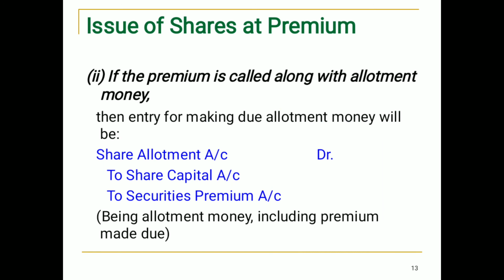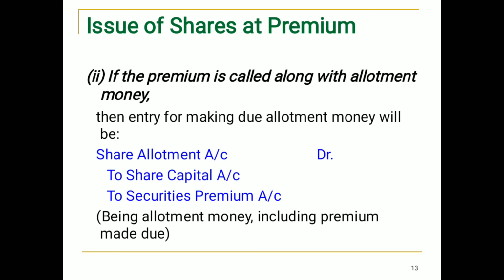Now, if the amount of premium is called along with allotment money, again a minor change. Till here, the journal entry is for when allotment money becomes due, the third journal entry in the topic of issue of shares at par. But if the amount of premium has been called up along with allotment money, then with a minor change, an additional account, securities premium account, will appear here in the journal entry when allotment money becomes due.